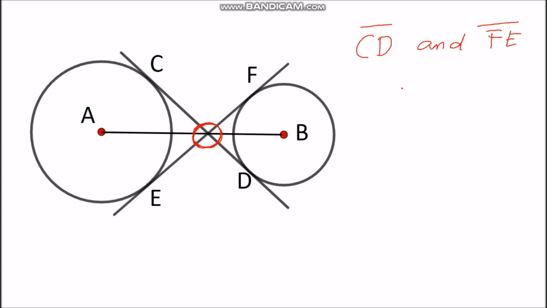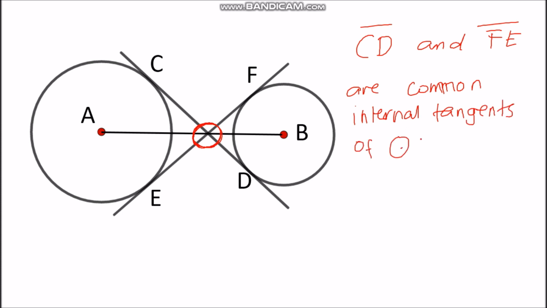That means these two tangents are really the common internal tangents of circle A and circle B.